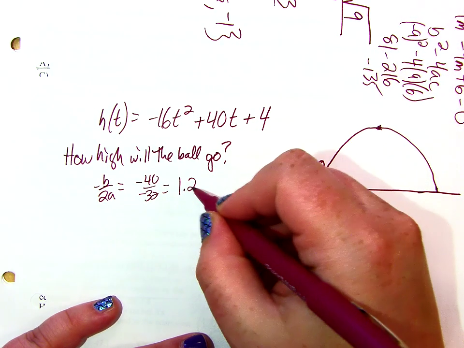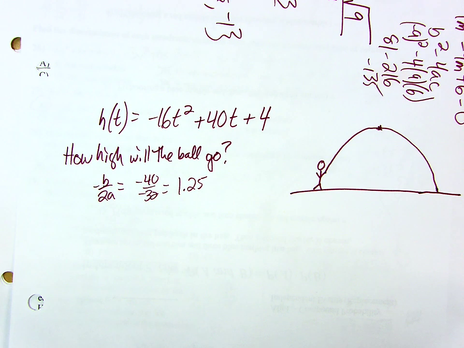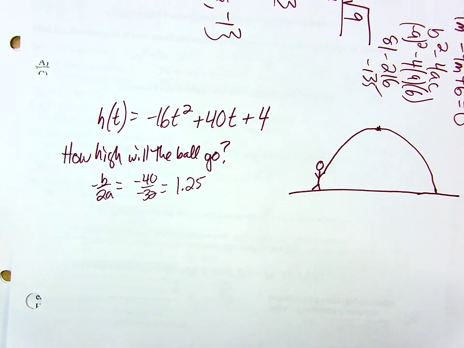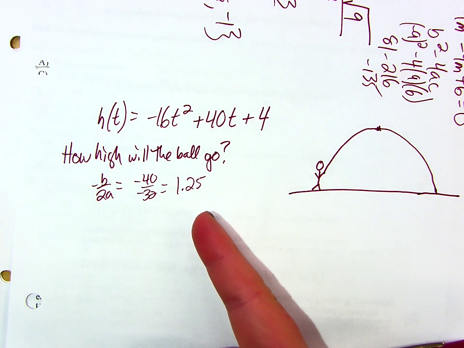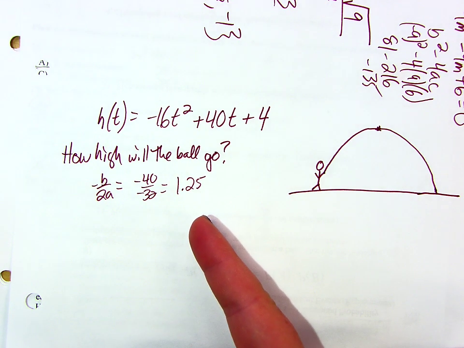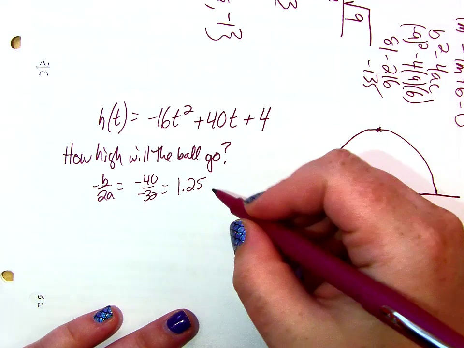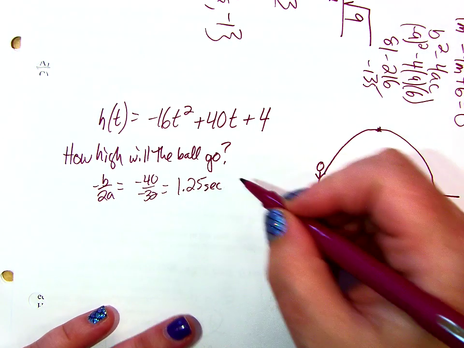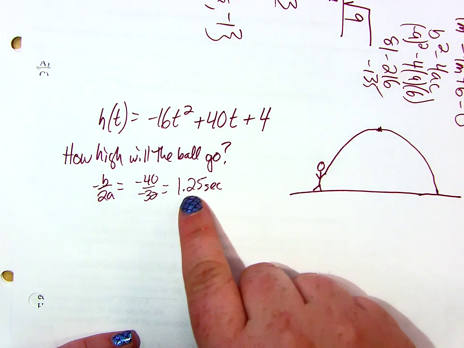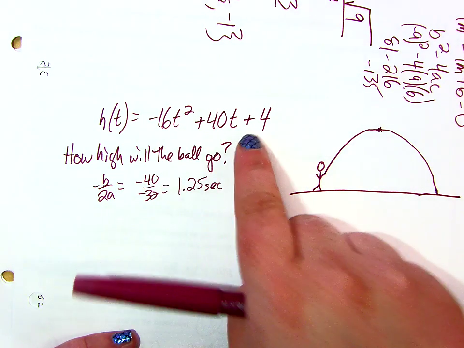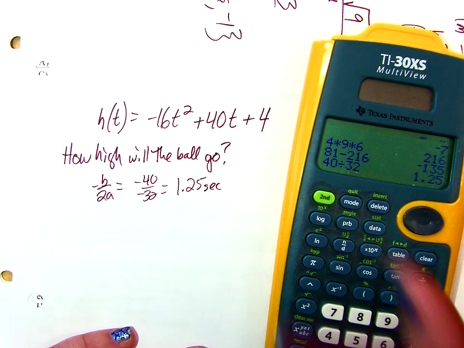Does that mean that the highest the ball will ever go is 1.25? Let's assume we're in feet. No. What is that? That's how long it takes to get there. So this is seconds. And now I'll take that number of seconds and I'll plug it back in and see how high it actually does go.